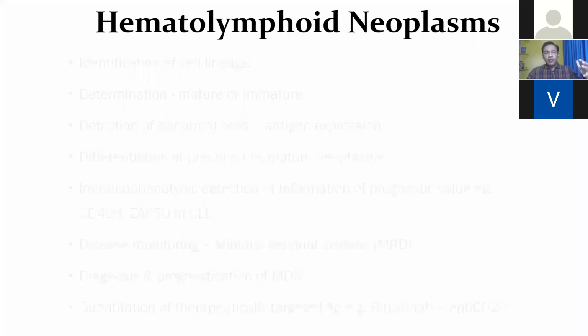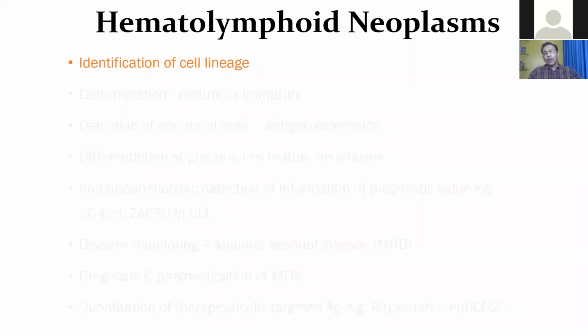Okay, now in hematolymphoid neoplasm, what is our goal when we are doing flow cytometric analysis? First, we want to identify the lineage. If we have abnormal cells, what lineage are these? Are these lymphoid cells, or myeloid cells? Then if we know these are lymphoid cells, are these mature or immature lymphoid cells?